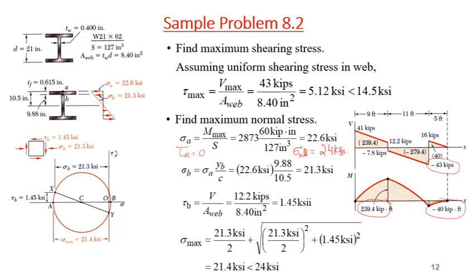Now if you look at the value, tau B is equal to V over area of web.